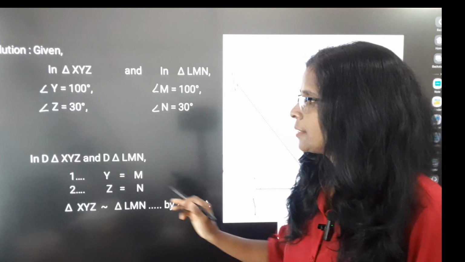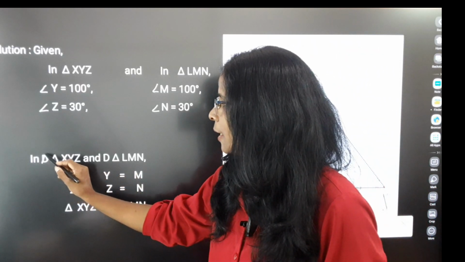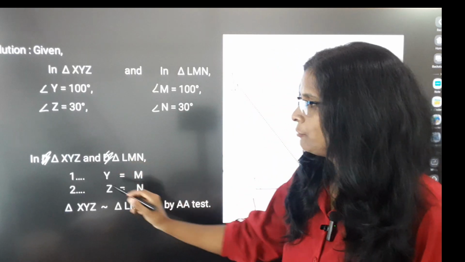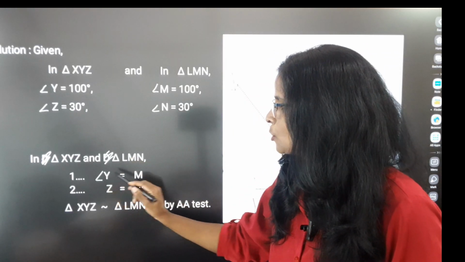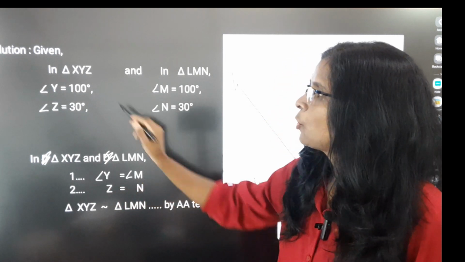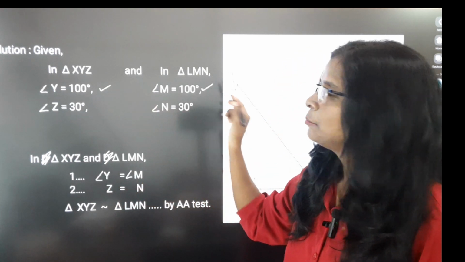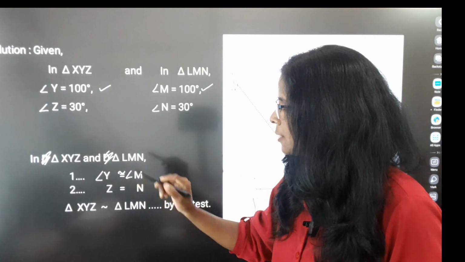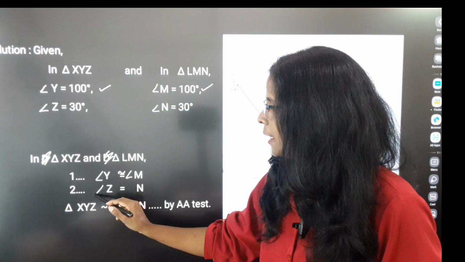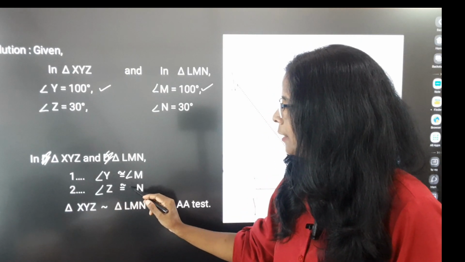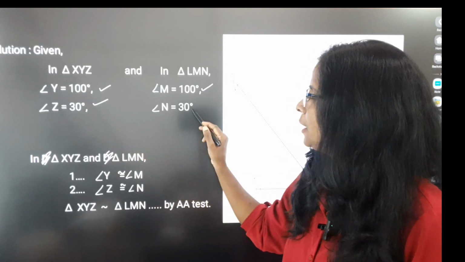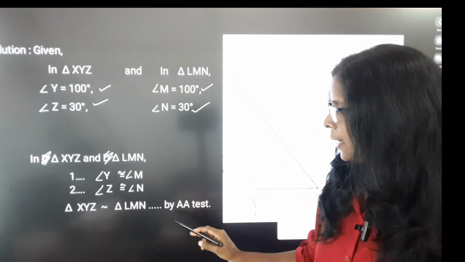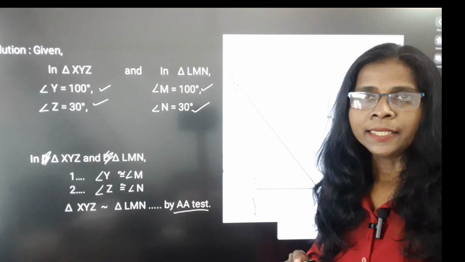So in triangle XYZ and triangle LMN, first, angle Y is congruent to angle M because the measurement of both angles is 100 degrees. Then second, angle Z is congruent to angle N because both have 30 degrees. So we can say triangle XYZ is similar to triangle LMN by the AA test.